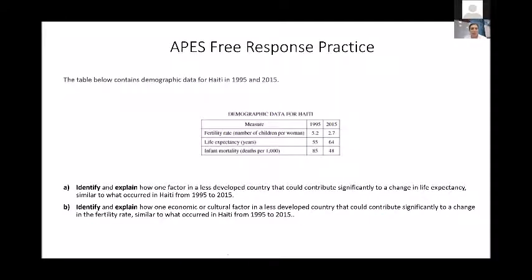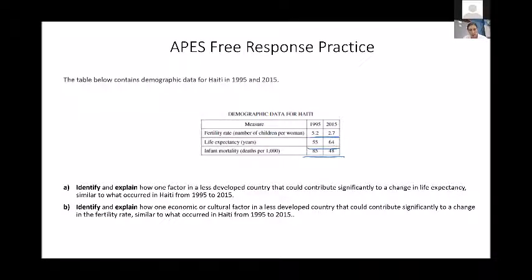All right, let's shift gears here and talk about demographic data for another country more recently. So the table below contains data for Haiti in 1995 and 2015. So we know the fertility rate here has dropped, the life expectancy has increased, and infant mortality deaths has also dropped almost by half.